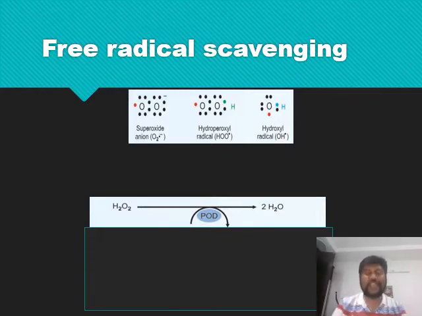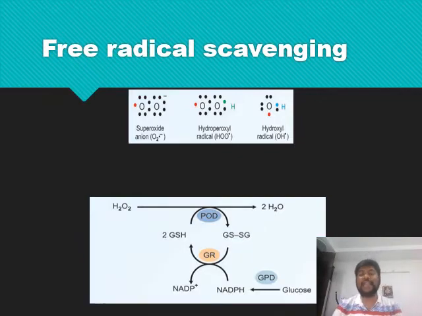For this reaction, the required reduced form of glutathione is supplied only with the help of our NADPH, which is produced from the HMP shunt pathway or pentose phosphate pathway. So NADPH plays a very important role in scavenging or neutralizing the free radicals produced in our body.